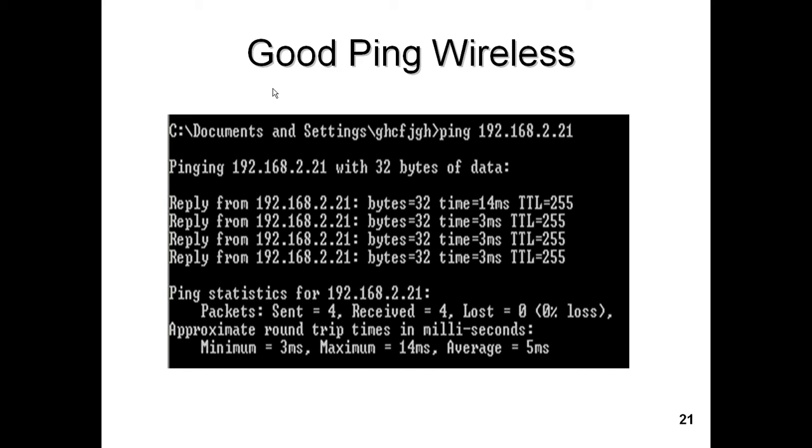And what you're looking for here, when you're doing testing on a local network at least, is a consistency of the response time and a consistency of response. You should always get a response on the local network, unless by some odd circumstance that device has had its ping response turned off, which happens very rarely on a local network.